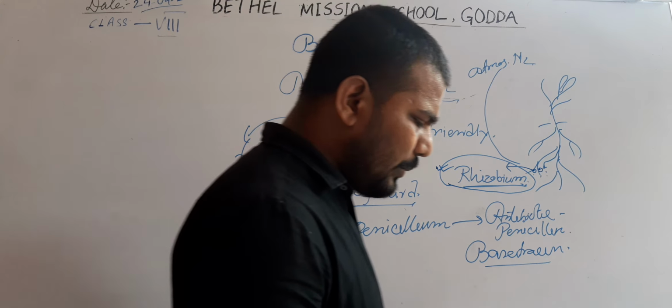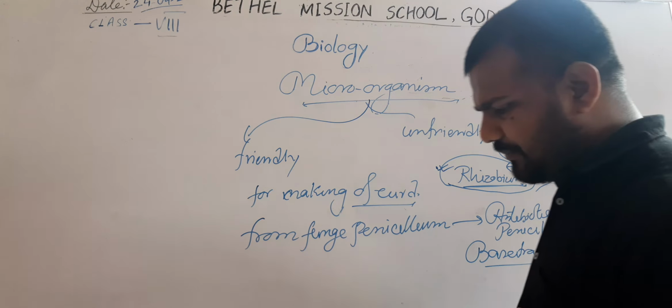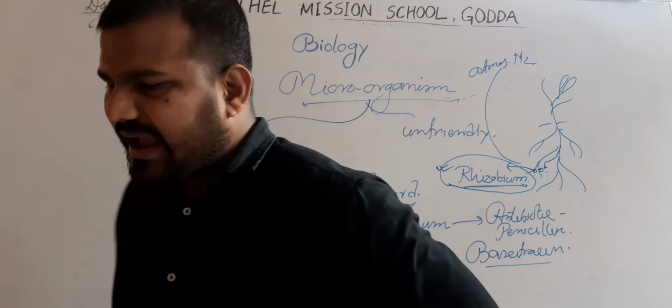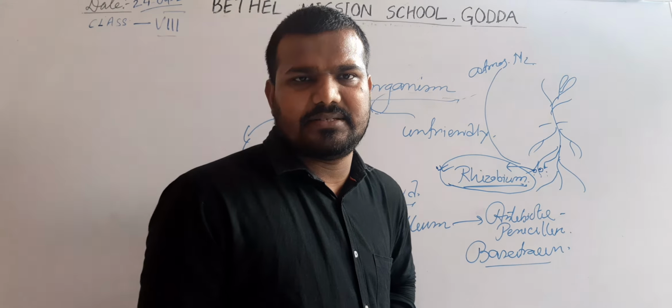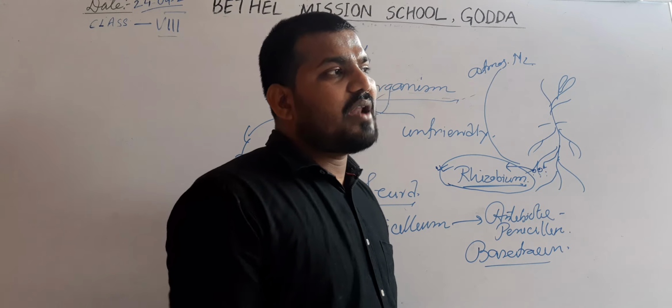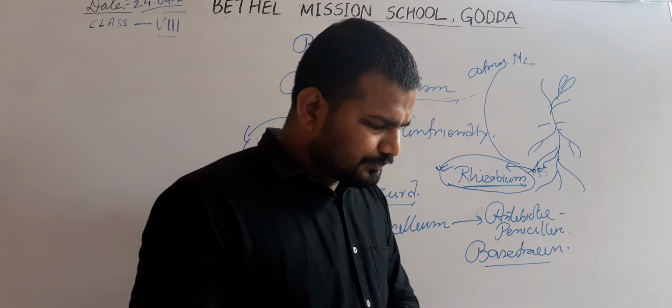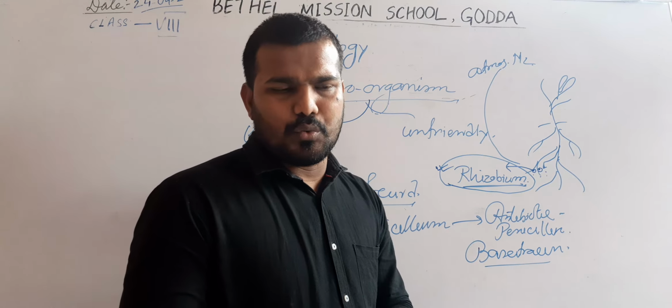Now the harmful or unfriendly microorganisms. Some microorganisms can destroy or spoil our food or can create disease. They are termed harmful or unfriendly microorganisms. The first one: how do microorganisms spoil our food?